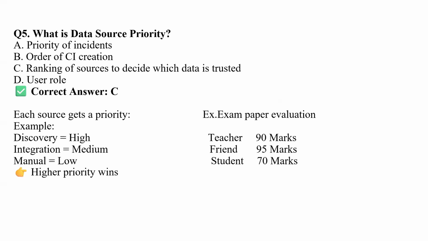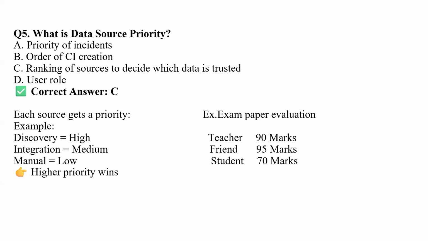We have different sources of the CI: discovery source, integration source, manual source. So we decide the data based on the sources. For example, discovery is high priority, integration is medium, and manual is low priority.